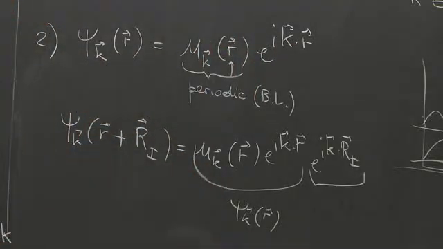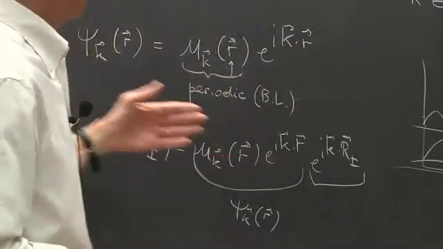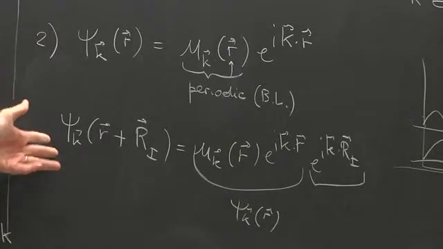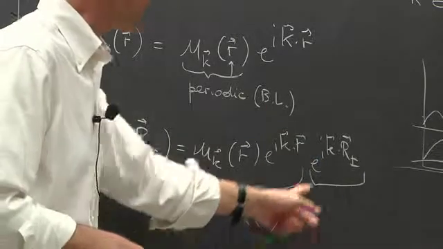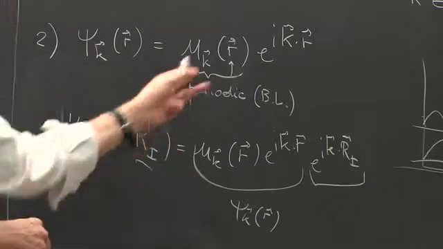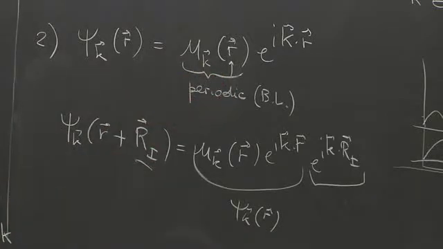So Bloch's theorem is precisely a statement about the residual symmetry property of the wave functions, which are the consequence of the translational symmetry of the potential. And it's essentially this statement here, or if you wish, this one. That is, the wave function acquires a phase which is proportional to the vector we use to shift the function itself.